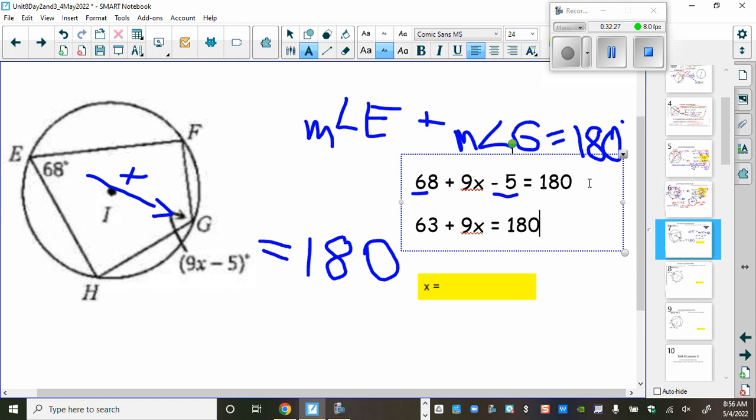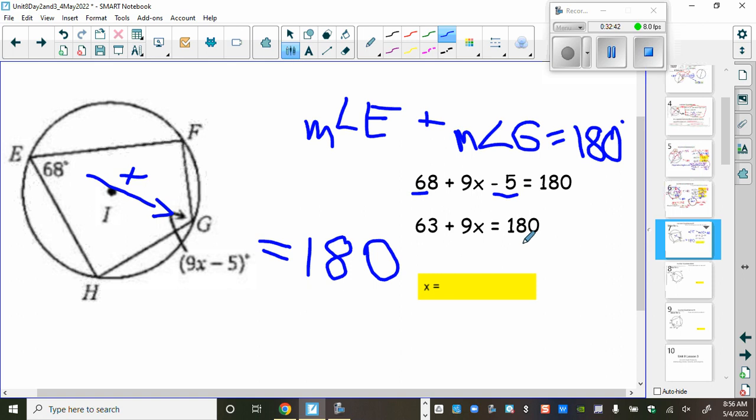And then you should be able to figure x out from here, which I'll give you, but you should know how to do it by now. Because if you don't know how to do this, again, this is Algebra 1 material.